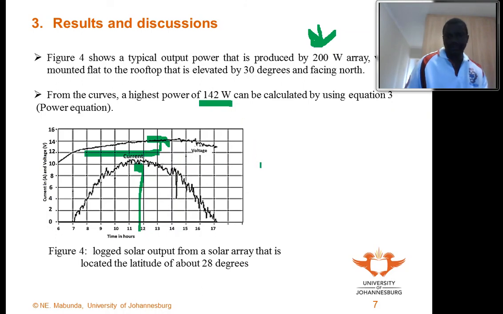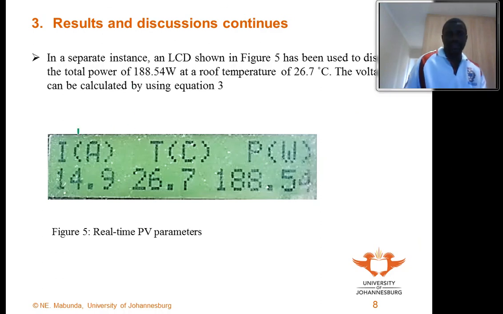Make sense? And in another result, an LCD is displaying a current of 14.9, roughly 15 amps, which comes from a power produced of about 188.54.